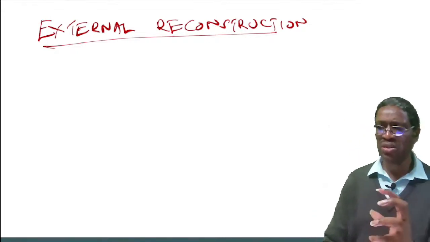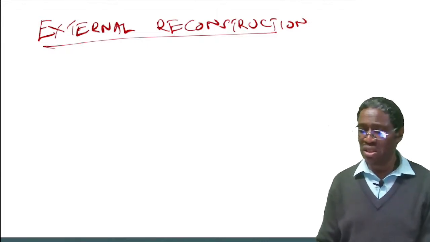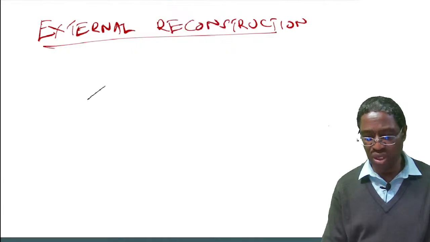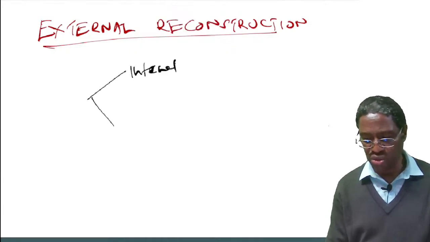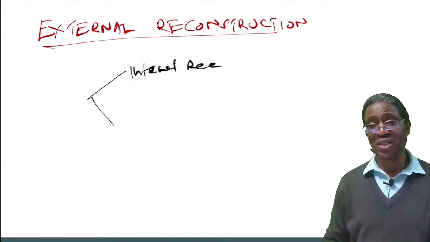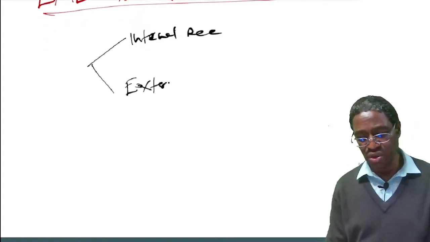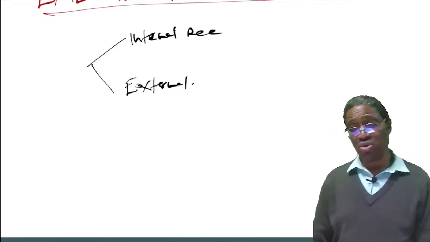And there are two ways in which you can reconstruct a company. One way is through what we were calling internal reconstruction, and the second way is through what we call external reconstruction. We have already covered the internal reconstruction.